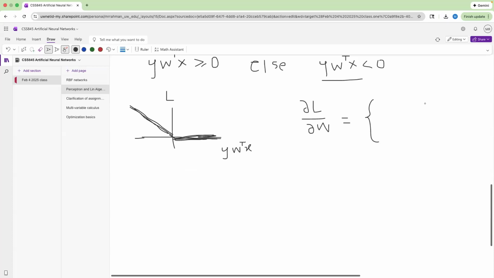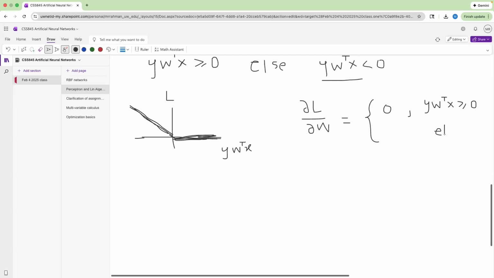One is where this is positive, right? If this is positive, then we see that the loss is 0. So the gradient of the loss with respect to W is also 0.